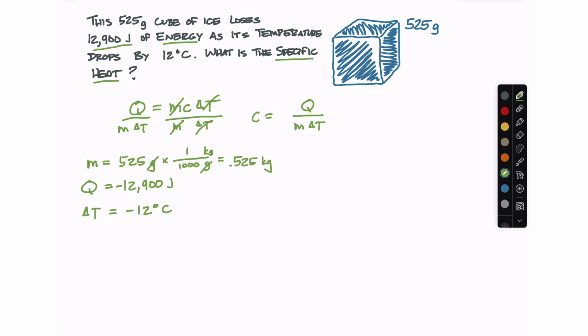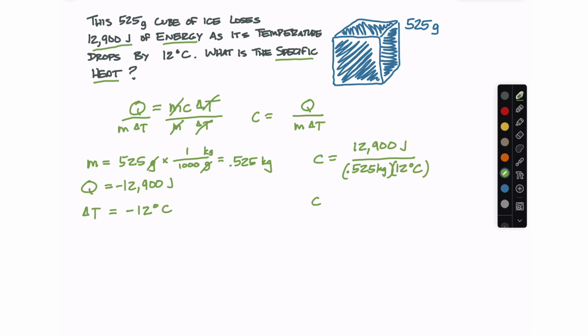I like that. C is equal to 12,900, negative if you want. But if you do that negative, you better do your delta T as a negative 12. I'm just going to use positives on both of those. And then for my mass, I'll plug that in as 0.525 kilograms.